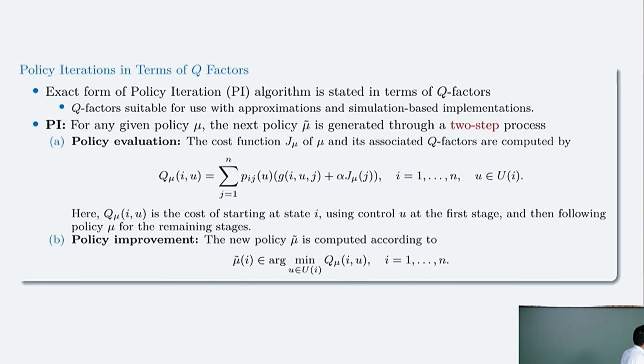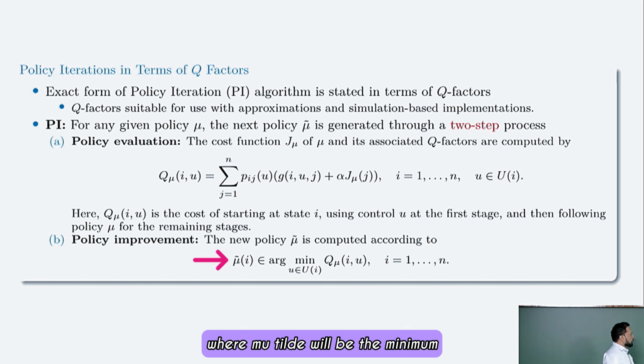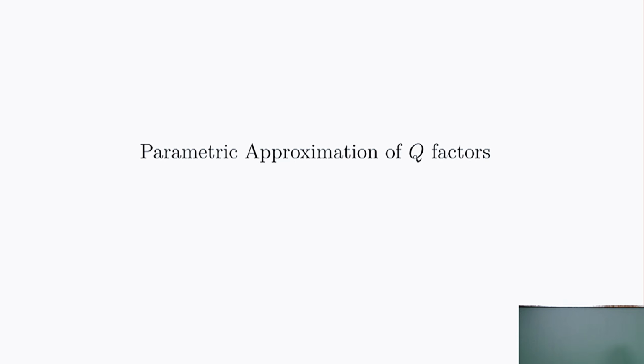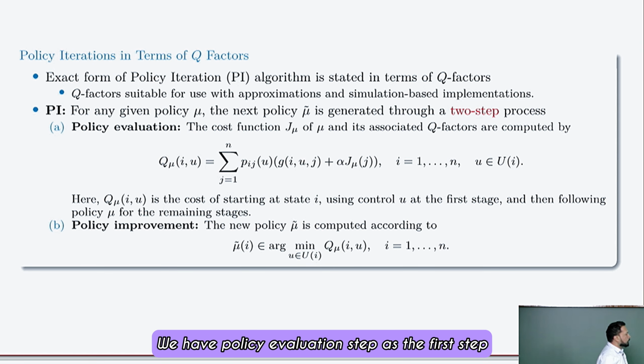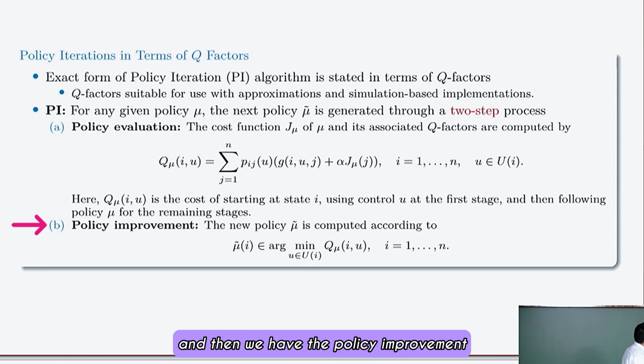And the policy improvement will be when you update your policy, where mu tilde will be the minimum of these Q values for various options for the policies. So this is the policy improvement step. We have the policy evaluation step at the first step, and then we have the policy improvement.